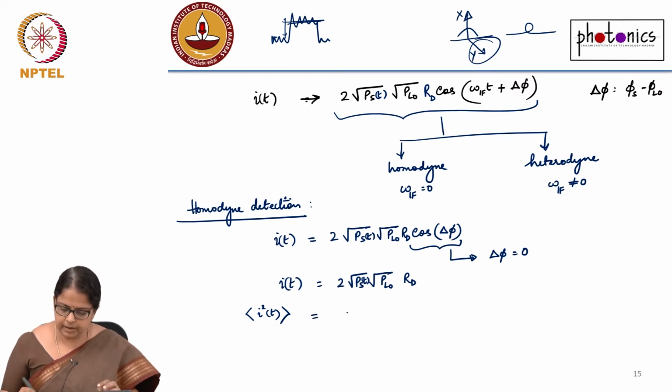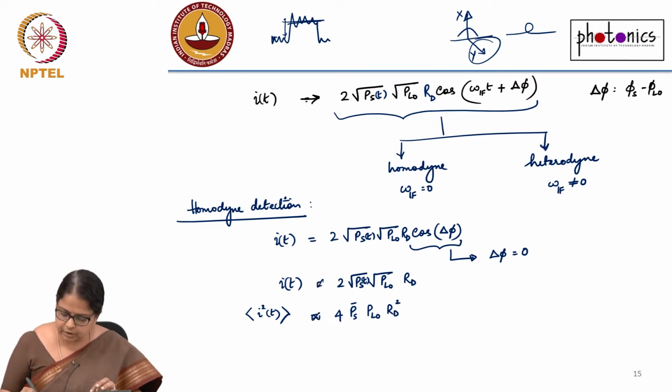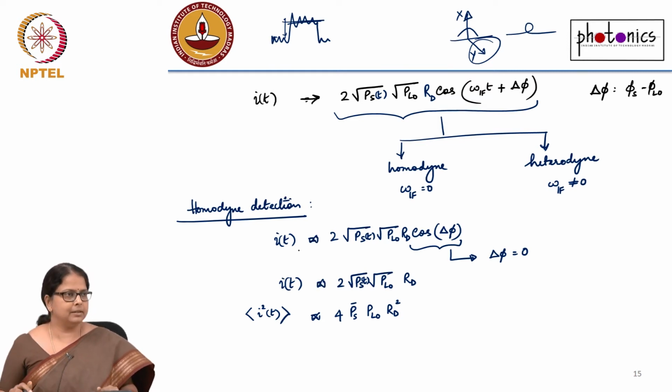So, this is going to be 4 times Ps, because I have to average the signal also, PLO RD square. I will just say proportional to, because there could be other constants which are DC conversion factors and so on.